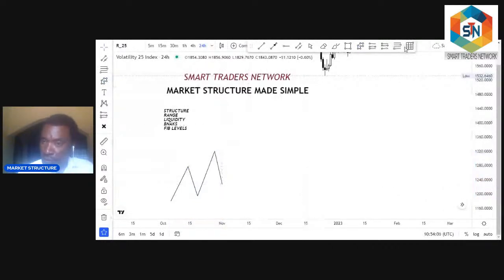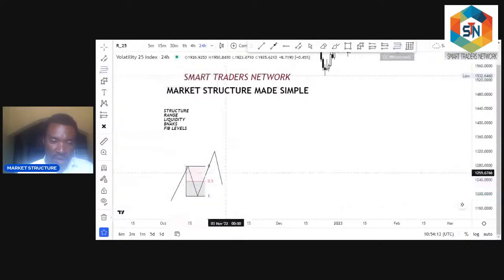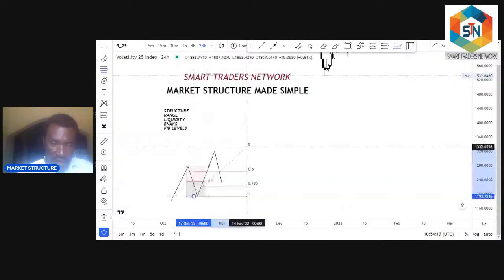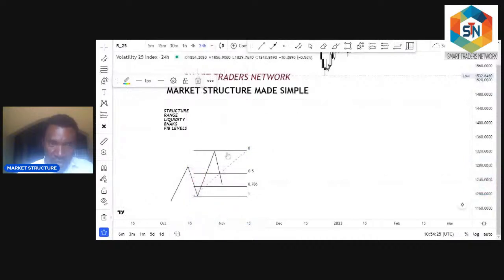You can just pick out your fib tool and take 50% of the entire move. So if I take my fib level from the low to the high, this is 50%. Once price comes below 50%, that is your discount zone. You can get an entry from there.